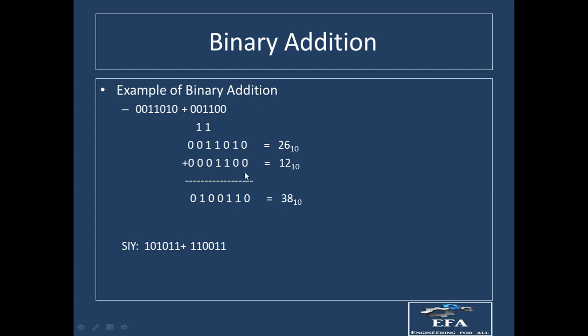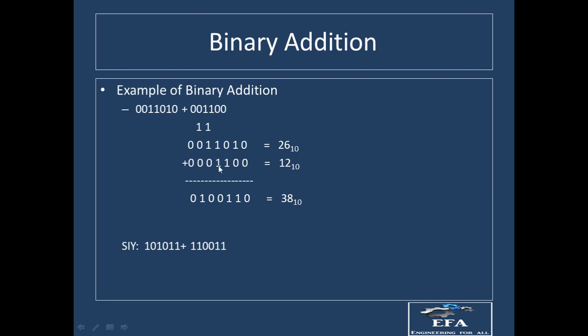Now in this case, 0 plus 0 will be equal to 0, 1 plus 0 is equal to 1, 0 plus 1 equal to 1, 1 plus 1 will be equal to 1 0, as we have discussed in the previous slide.